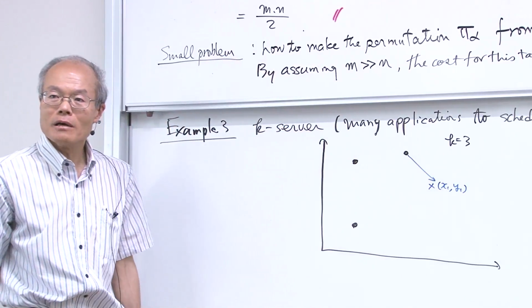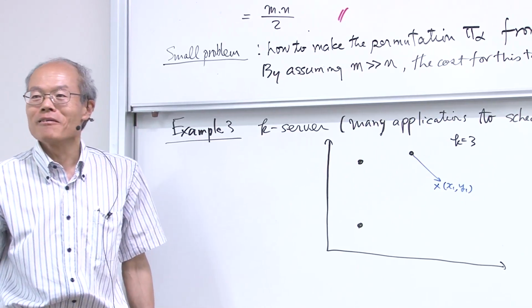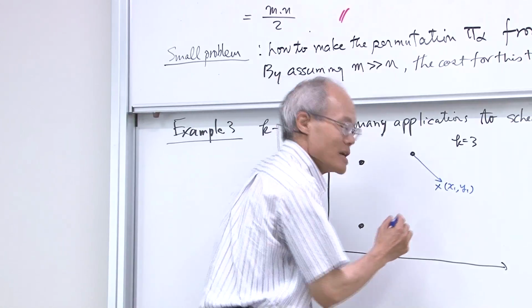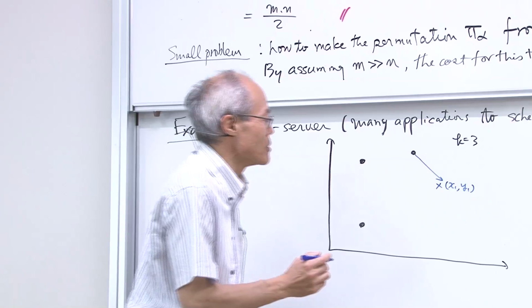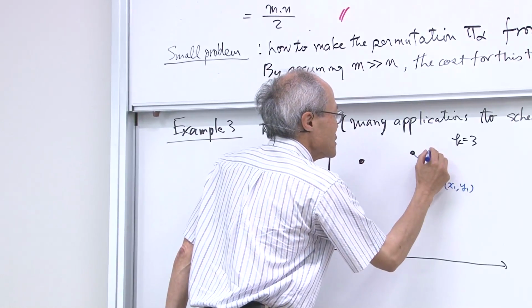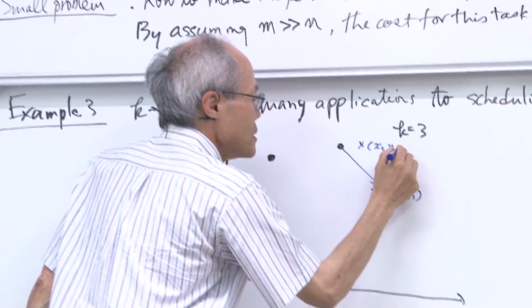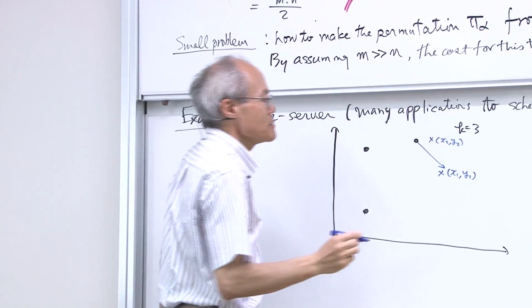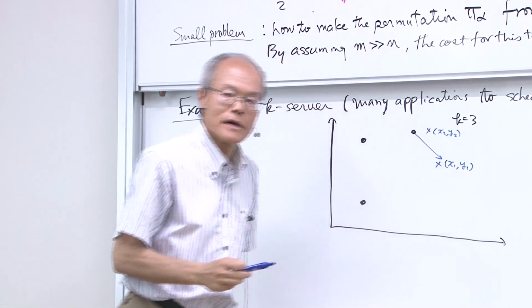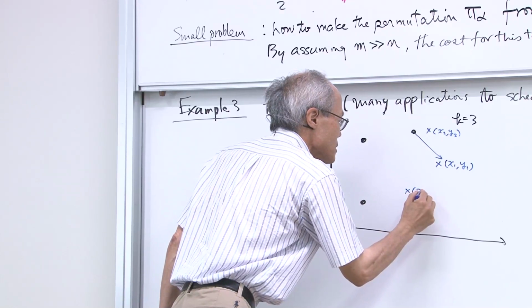Why is it important? Because you don't know, of course, we have a next request. For example, here. You have a next request. And again, you have to move some server to the requested point, and then the next request.